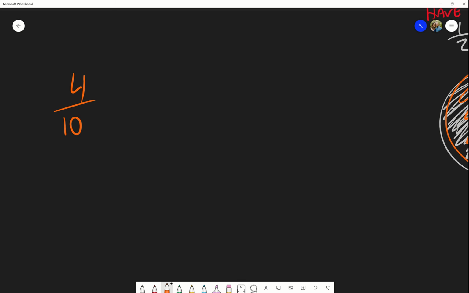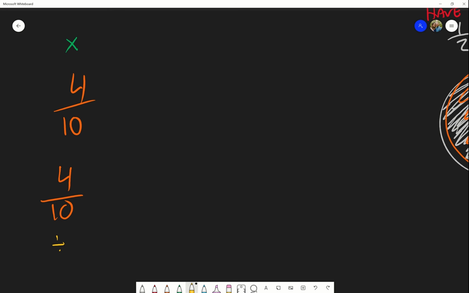Well, the way that we can figure out how to make a fraction equal to another fraction, or how we can change a fraction to find an equal fraction, is we can either use multiplication, or we can use division. I'll write this out twice because there's 2 ways we can do it.